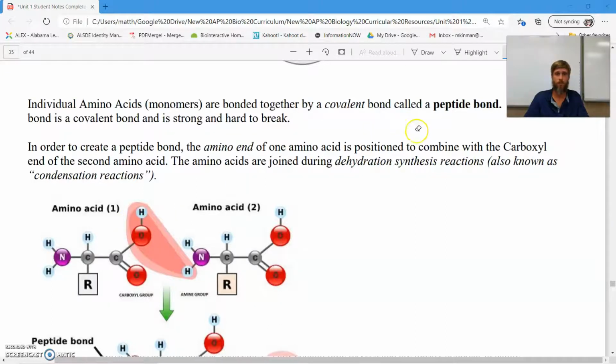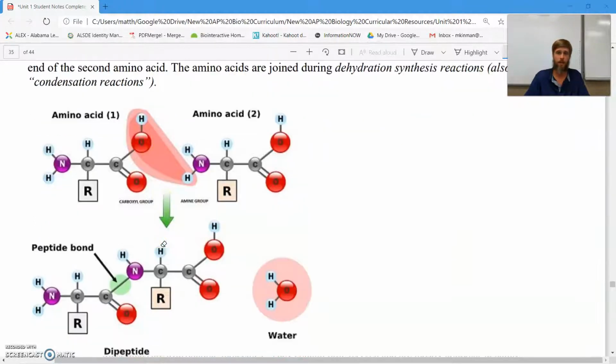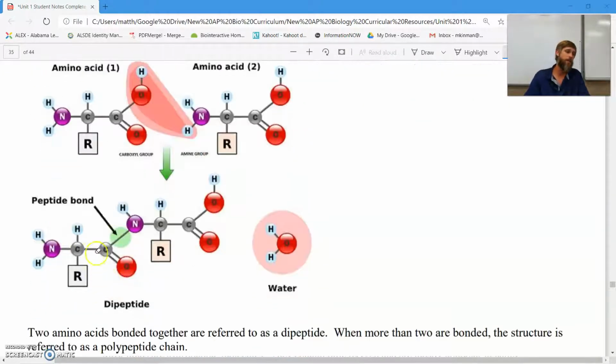Some key words here I just said to point out: peptide bonds are covalent bonds between amino acids. As we saw here, these are called peptide bonds. So this is a dipeptide. If we put, let's say, 10 of these together, what do we then have? What prefix means many? We then have a polypeptide, right?